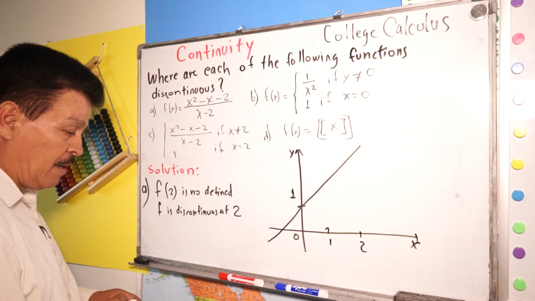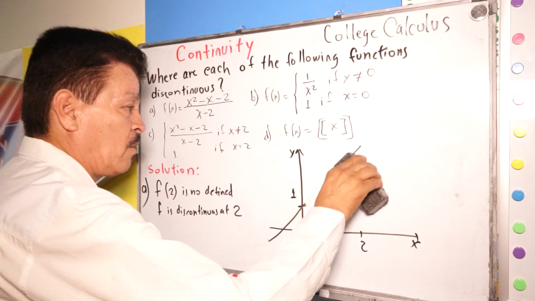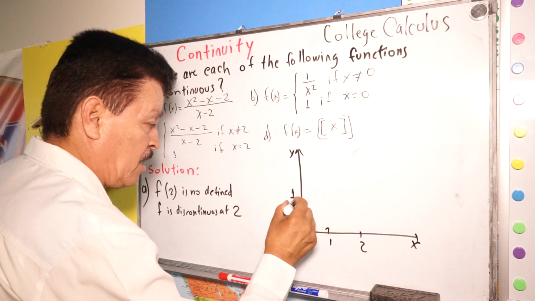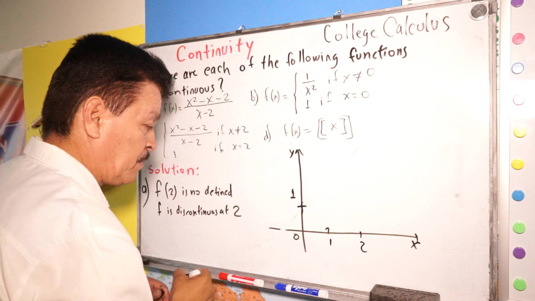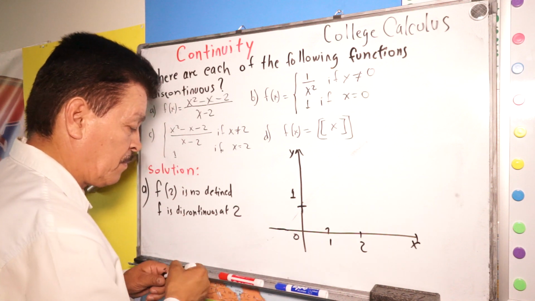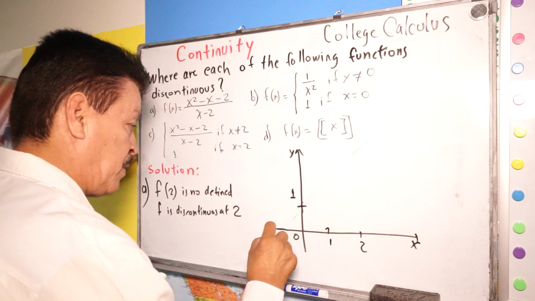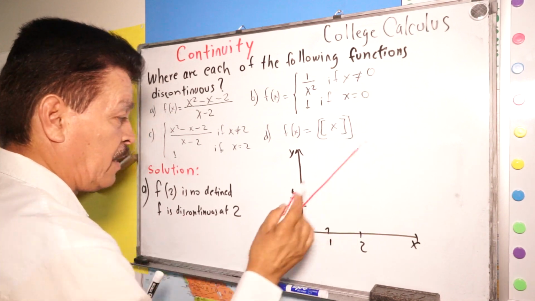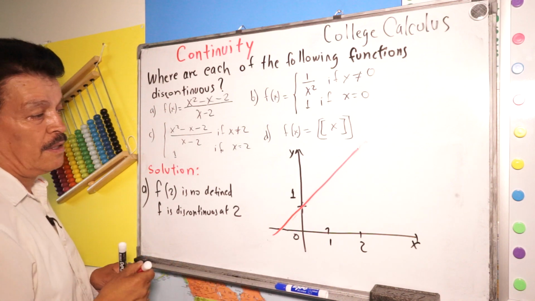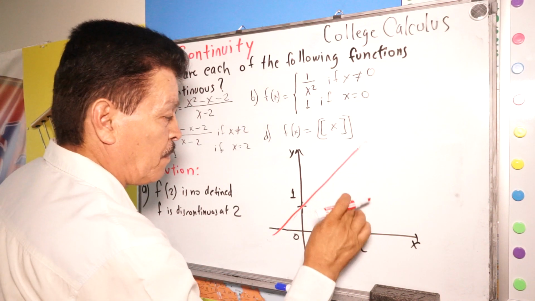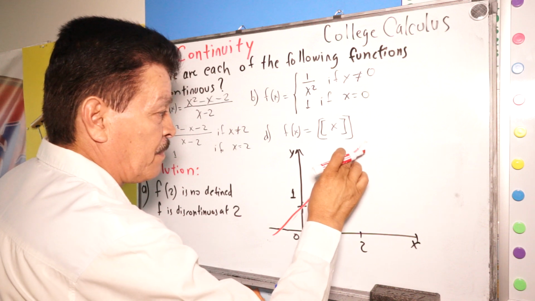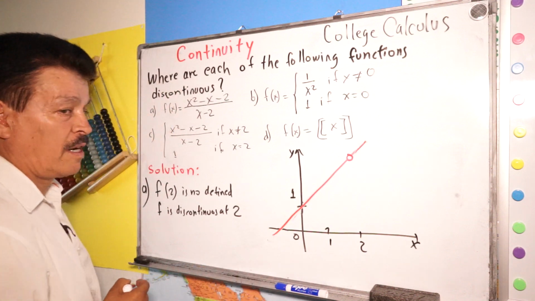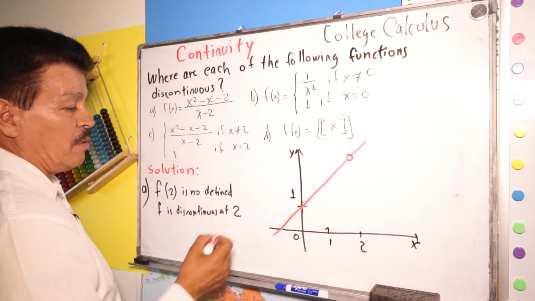Well, let's use a different color to see better what is going on. Use the red one. Look at the graph, guys. This is our graph. This is number 1 right here.